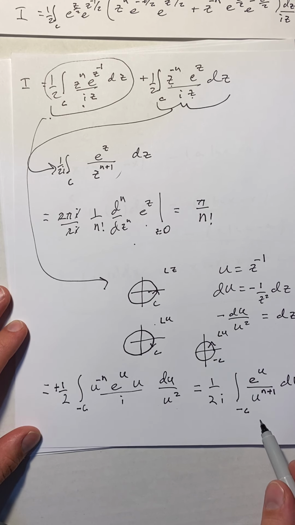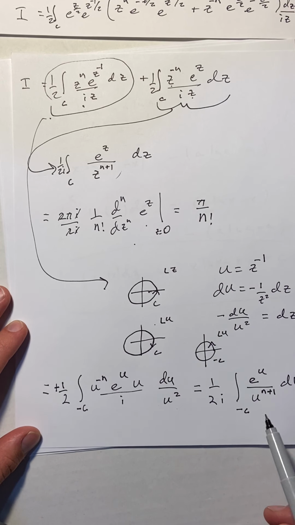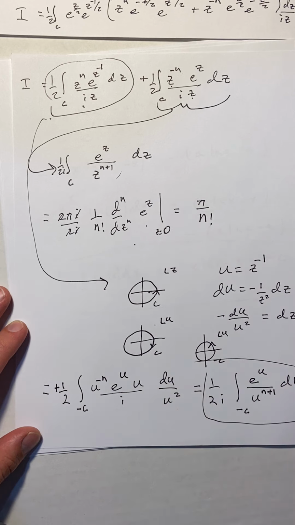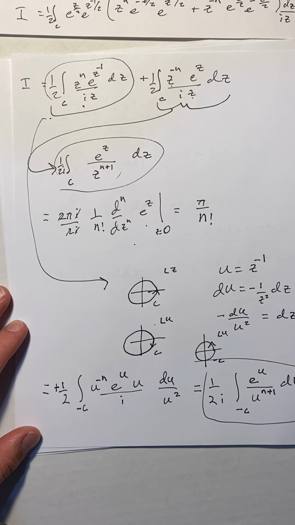Notice the minus C in the u-plane, and that's probably a little awkward notation here, is the same as the unit circle traversed in the counterclockwise direction. And so this integral here is exactly the same as the first integral I did here, and so the result will be pi over n factorial.